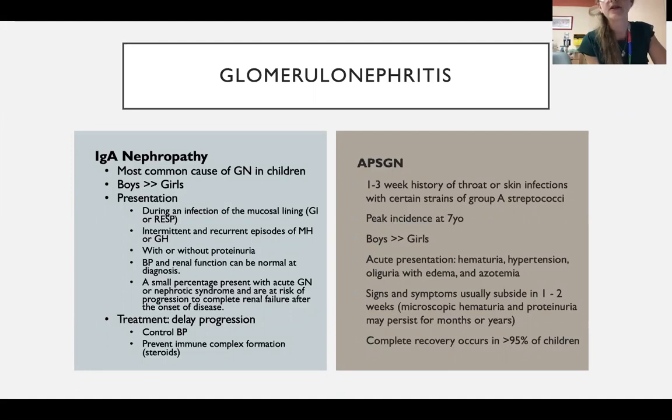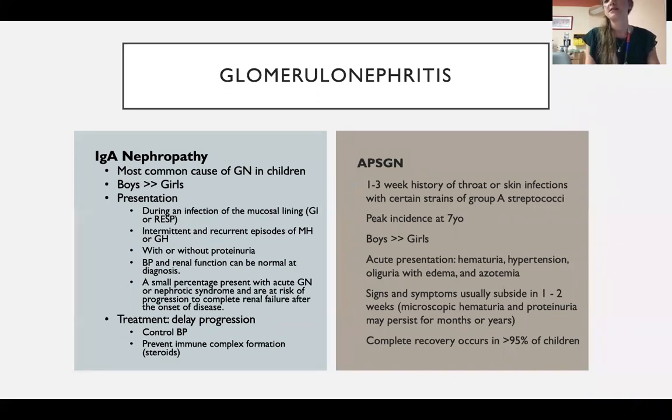And acute post-streptococcal glomerulonephritis usually comes with a 1 to 3 week history of throat or skin infections with certain strains of group A streptococcus. Peak incidence is around 7 years old. Again, it's more common in boys than in girls.